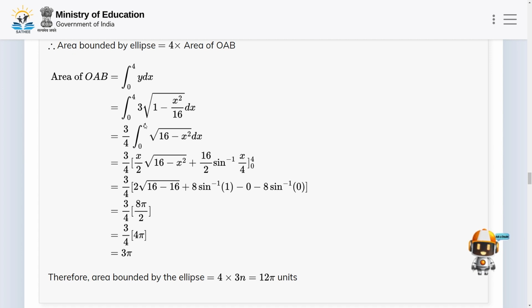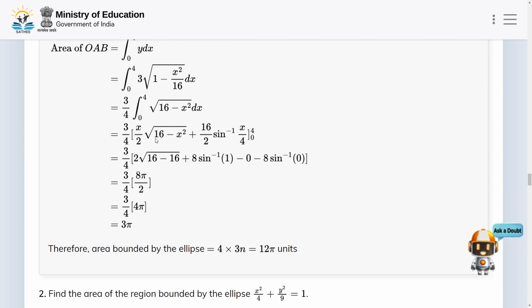You will get 3 by 4 multiplied by the integral from 0 to 4 of root of 16 minus x square, and you know the direct integration for it. You will apply your second fundamental theorem. You will get 3 by 4 multiplied by x by 2 root 16 minus x square plus 8 sine inverse x by 4, from 0 to 4. So this will vanish, this will vanish, this will vanish. You are only left with 8 pi by 2.